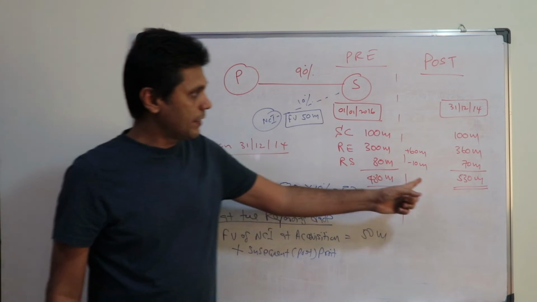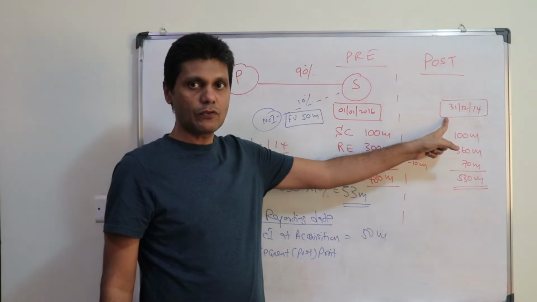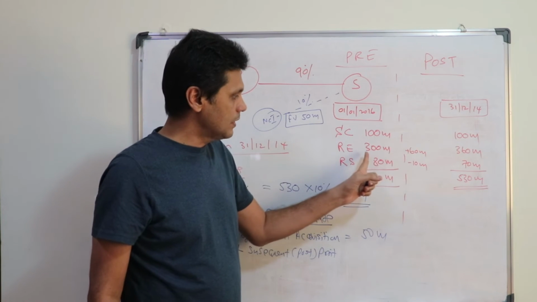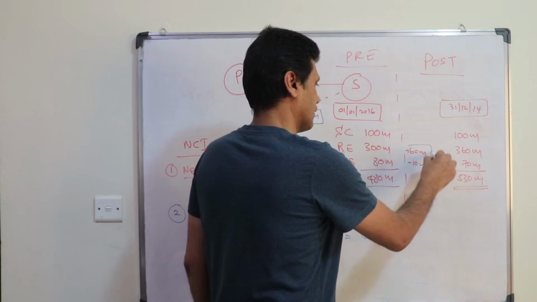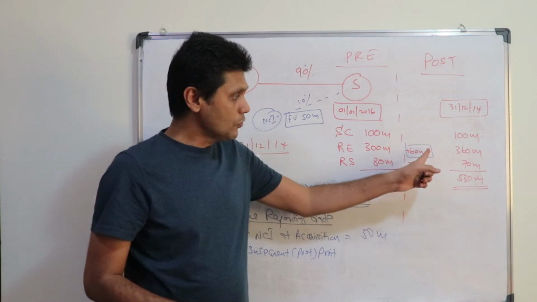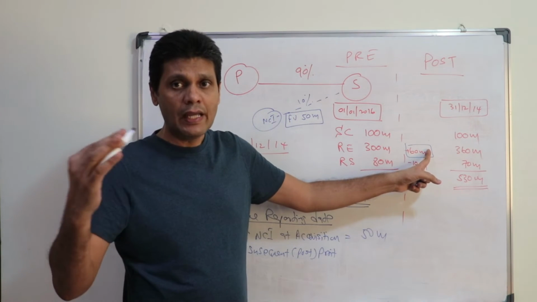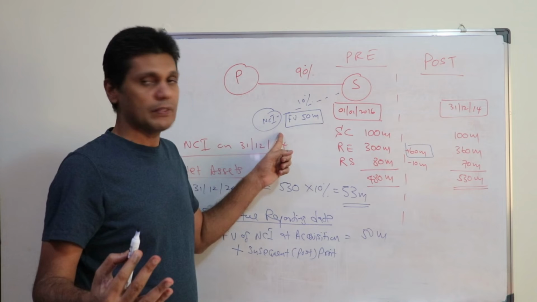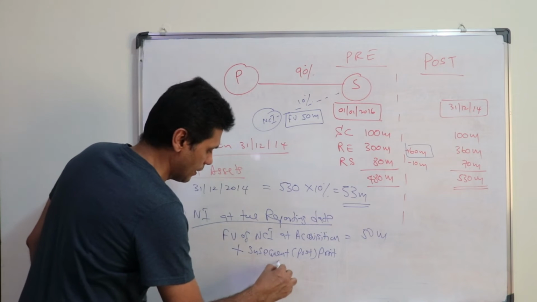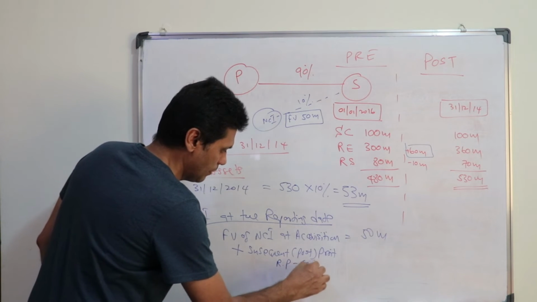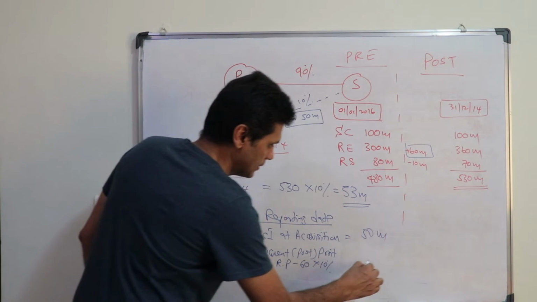So when you take the financial position as at 31st December 2014, as you can see, the retained earnings increased by 60 million. So therefore, the portion of this 60 million should go to NCI, which is 10%. So this is the retained profit. 60 million times 10% will be 6 million.